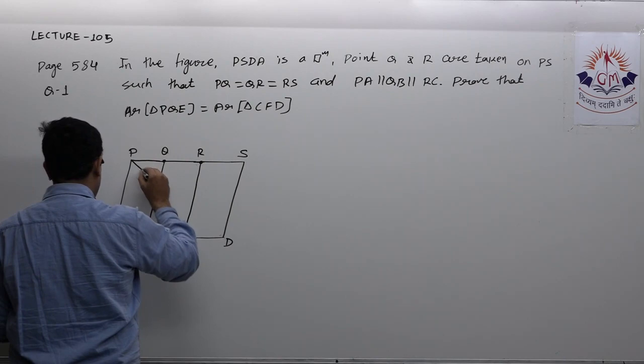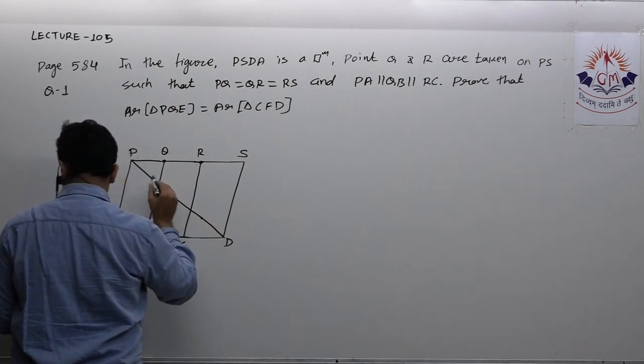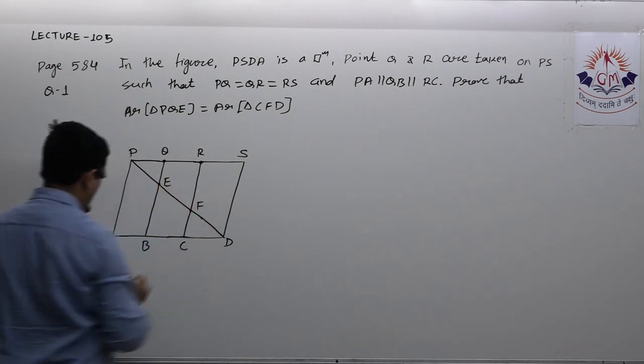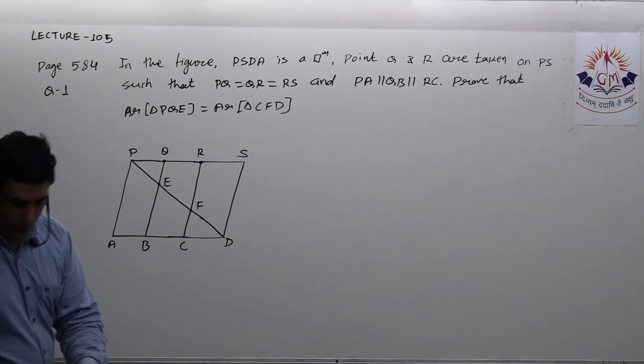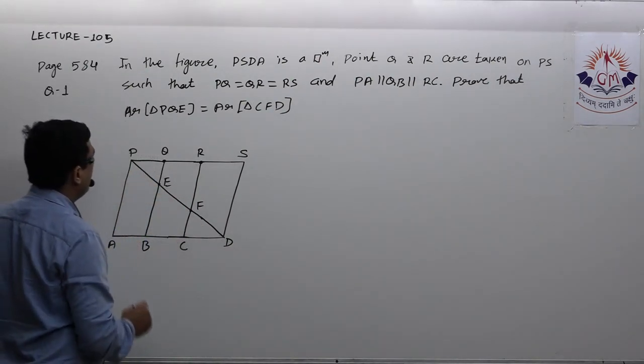Also, here this point is E and here this point is F. Okay, so we have to prove that area of PQE is equal to area of CFD.